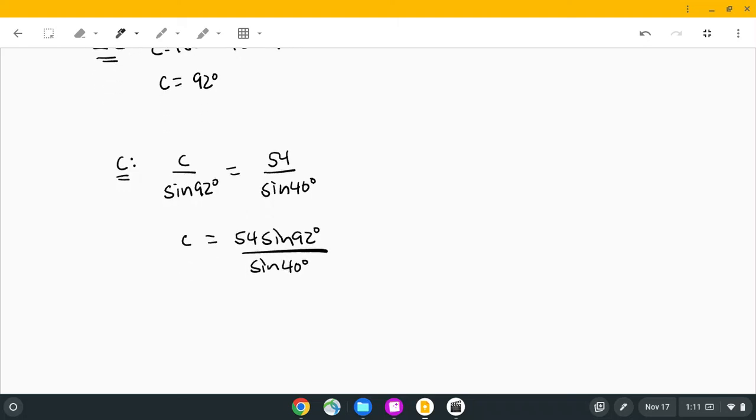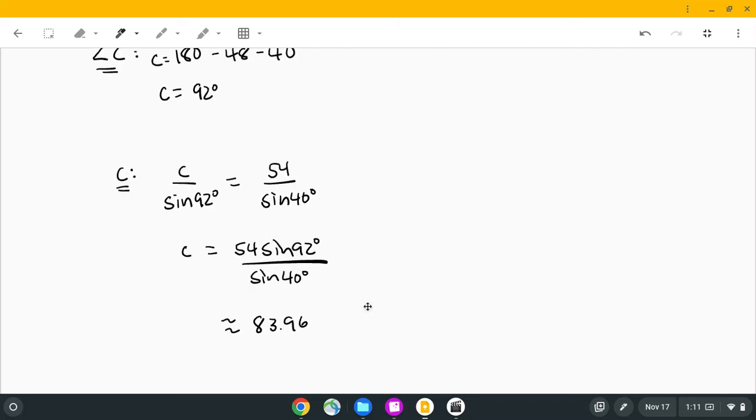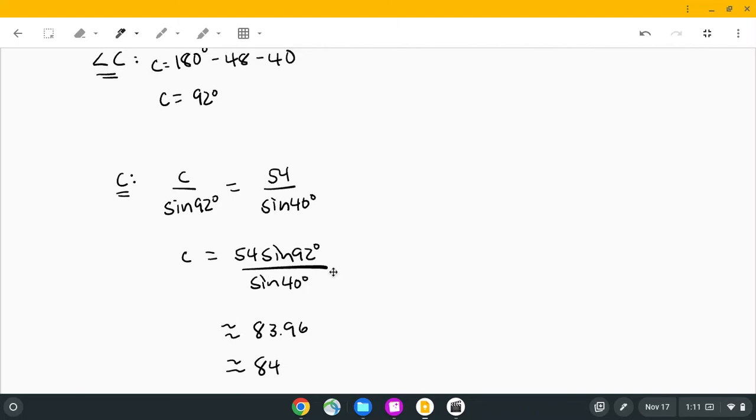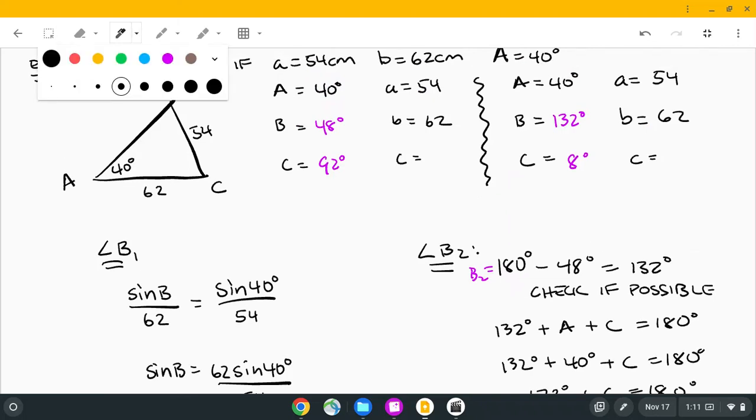When you punch that in, we get roughly 83.96. Two significant digits, so we'll go with 84. Okay, so let's go up there and fill that in. Little c is 84.